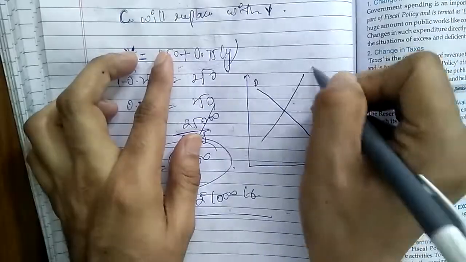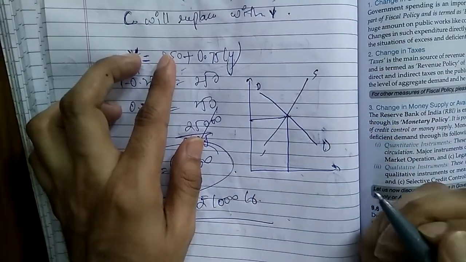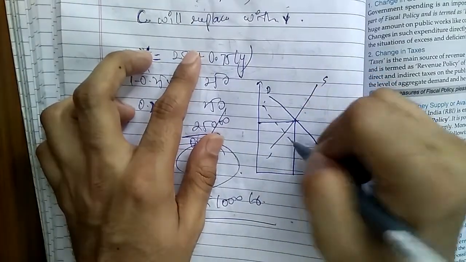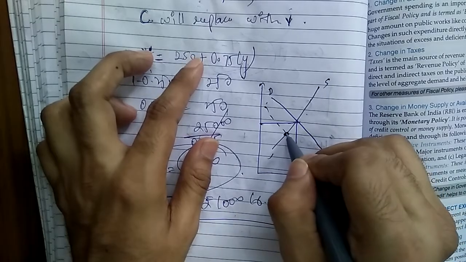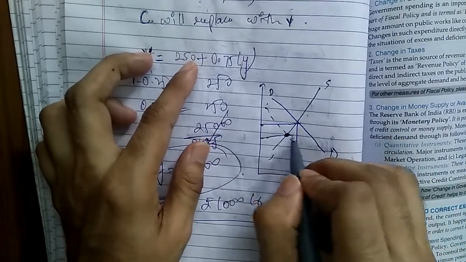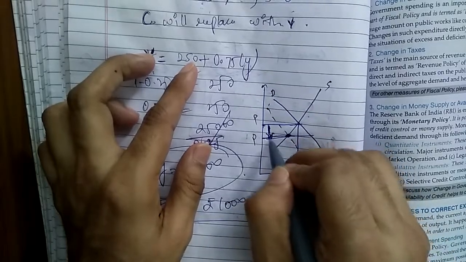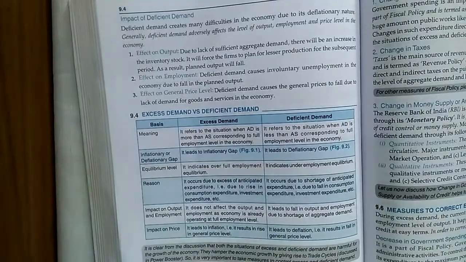You have supply like this. This is the intersection. This is the equilibrium point. Now demand is getting less. The equilibrium point is here because supply intersects the new demand at this point. So mark this. Earlier the price was this, now the price is this. What? Reduction in prices. So whenever there is deficient demand, it will lead to a reduction in prices.